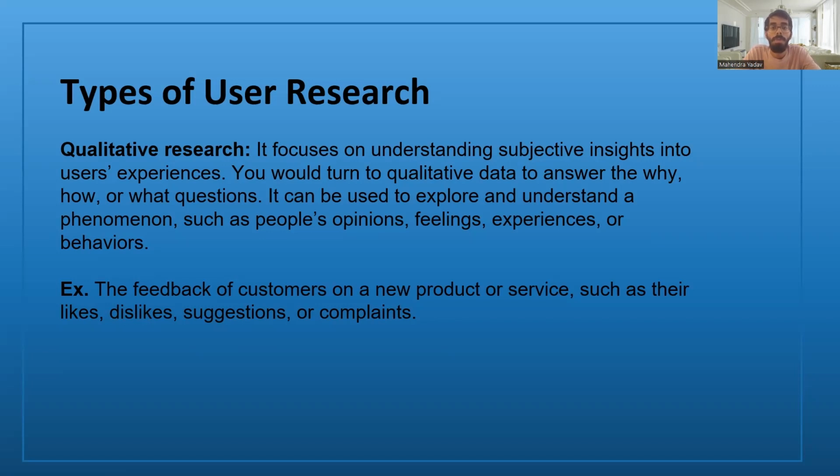It can be used to explore and understand phenomena such as people's opinions, feelings, experience, or behavior. Example, the feedback of customers on a new product or service, such as their likes, dislikes, suggestions, or complaints. Or you can think of any interview regarding your product where they are telling you what they like and what they dislike.